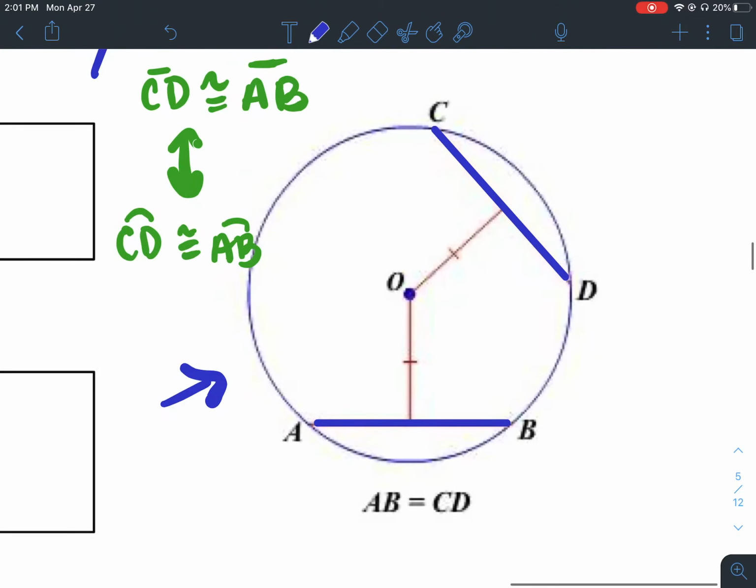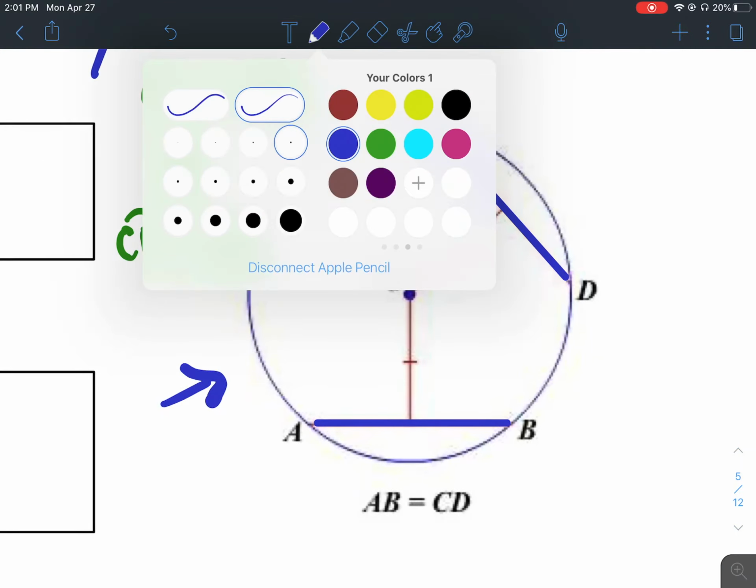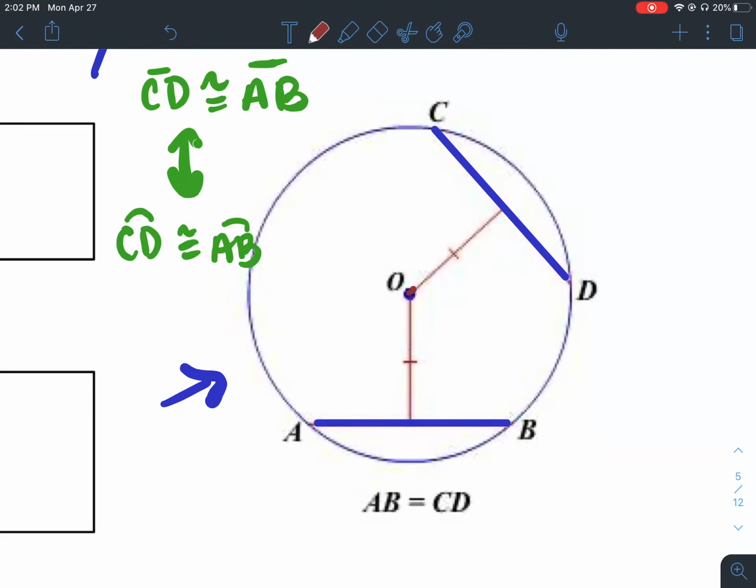If I look at the distance, so I measure how far away my chord CD is from center O, and then I measure how far away my chord AB is from center O. If those are the same, because that's what it means to be equidistant, you are equal distance away, then that's going to force AB to equal CD, or the chord AB to be congruent to chord CD.